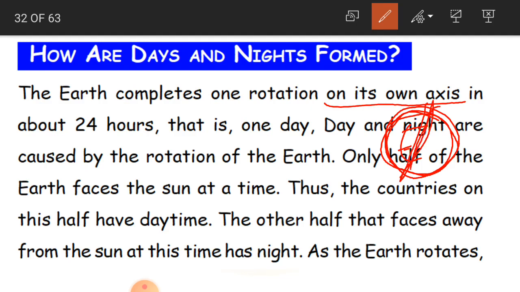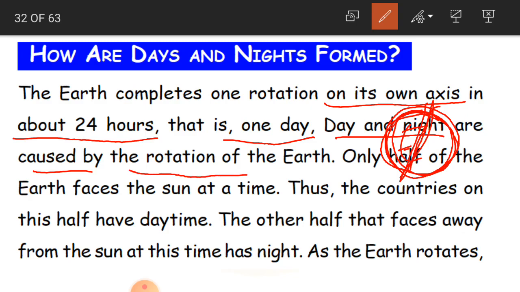Now, to complete one rotation, that is one round around itself, the earth is going to take about 24 hours. So that is what? 24 hours is equal to 1 day in our calculations. And day and night are caused because of this rotation of the earth.